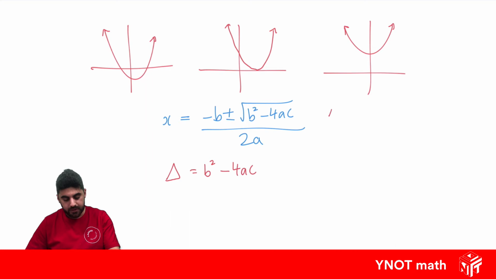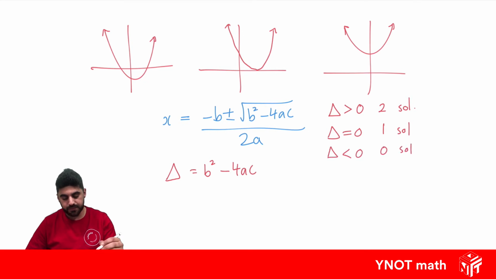So if delta is greater than 0, we have two solutions. If delta equals 0, we're only going to have one solution. And if delta is less than 0, we're going to have 0 solutions. And another word for solutions is x-intercepts.